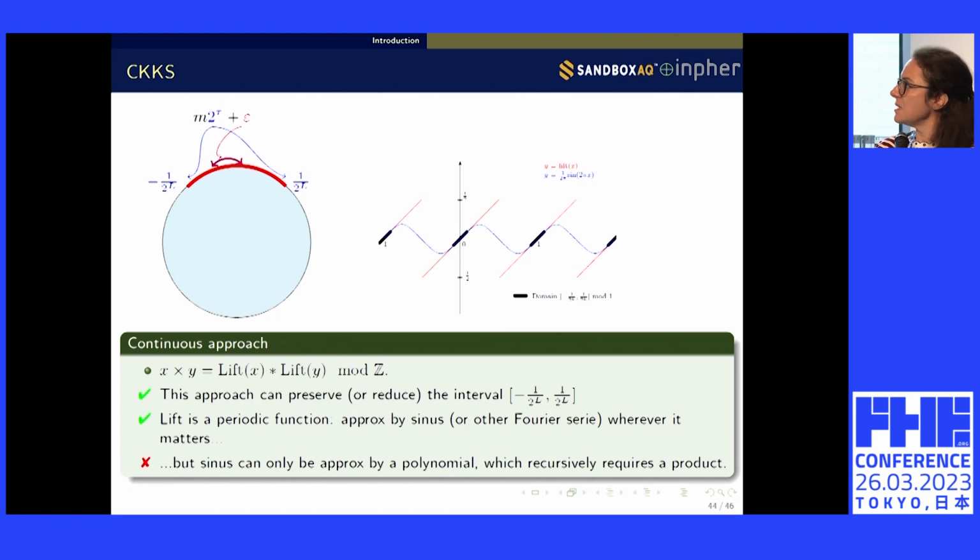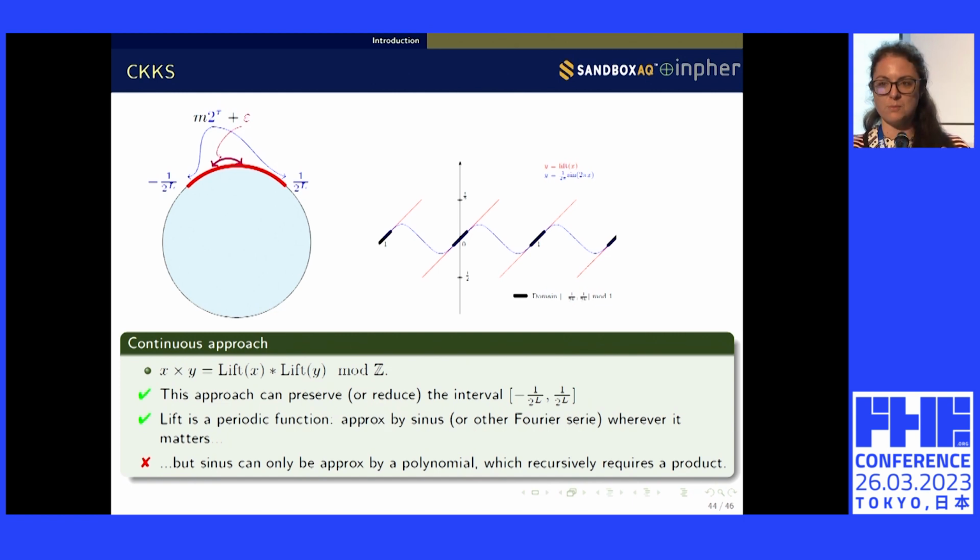And in this case, we can use it to express the lift and the multiplication. But the problem is that the sinus can be approximated by a polynomial. That means to evaluate a sinus, we need to evaluate a polynomial that we will use again at products.